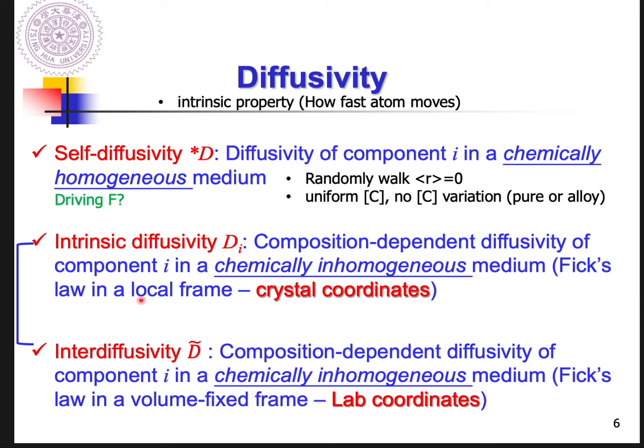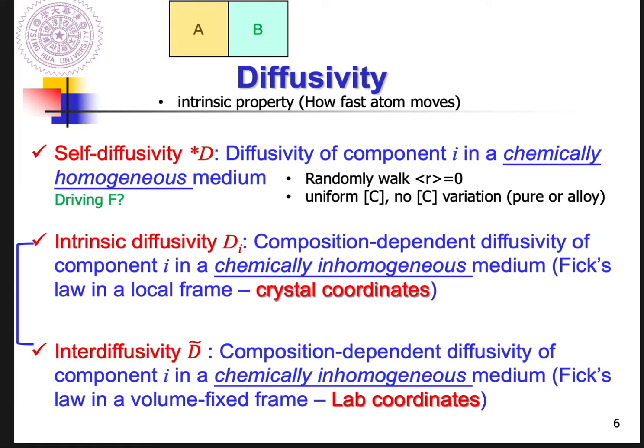If the reference you choose is a local frame, which some people call a crystal coordinate, then the diffusivity you derive will be the intrinsic diffusivity. However, if the reference coordinate you choose is the lab coordinate, then the diffusivity you derive or measure will be the interdiffusivity.